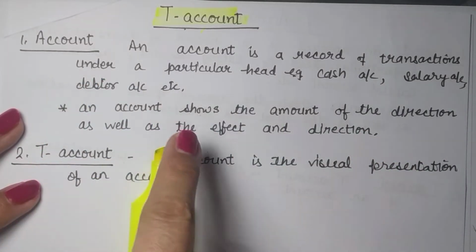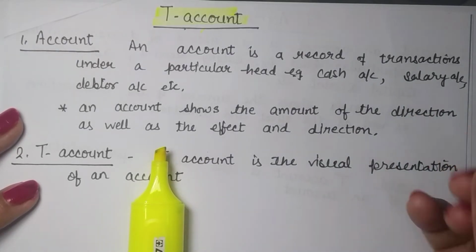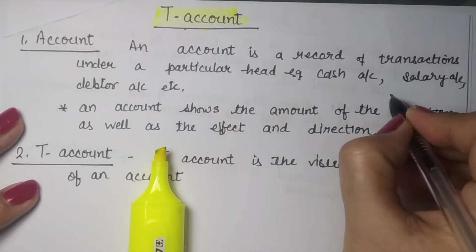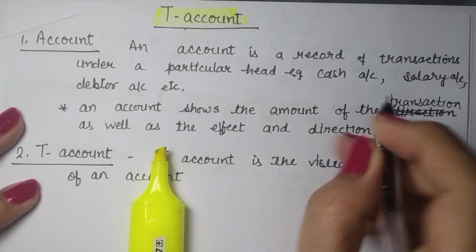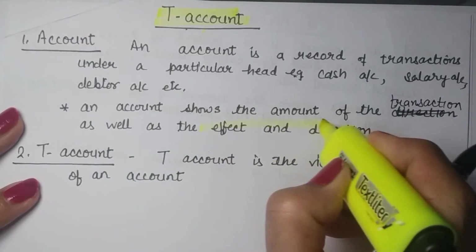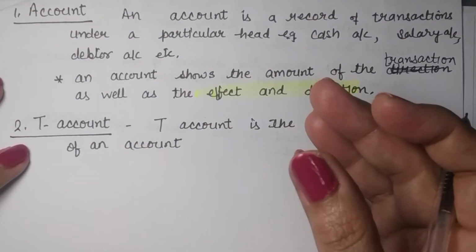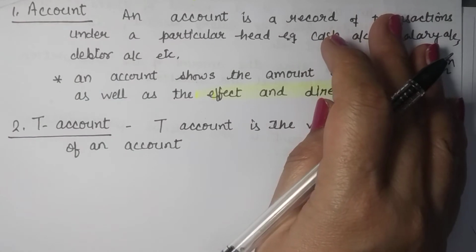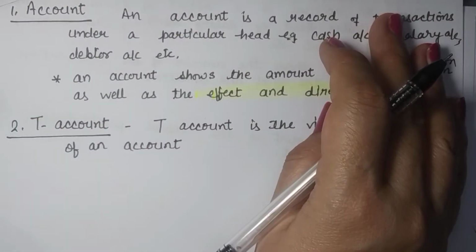Now an account shows the amount of the transaction. So account will be showing not only the amount of the transaction but also its effect and direction. That is, it will not only show that this transaction has happened. You may be showing that you have sold goods for say 5,000 rupees.